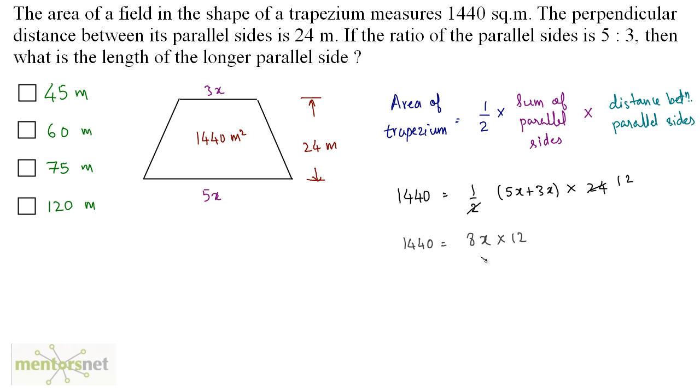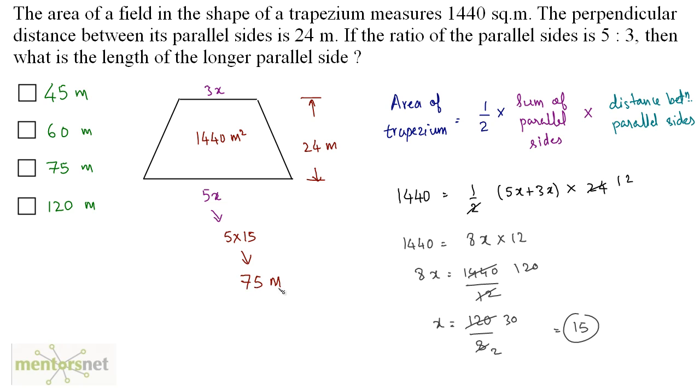Now 8x is equal to 1440 by 12, and 12 times 120 is 1440. So x is equal to 120 by 8, which is 15. So x is 15. Therefore the longer side, which is 5x, will be equal to 5 times 15, and that is 75 meters. So we found the answer, option C.